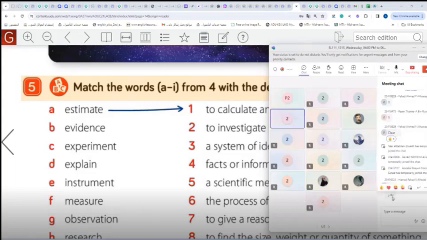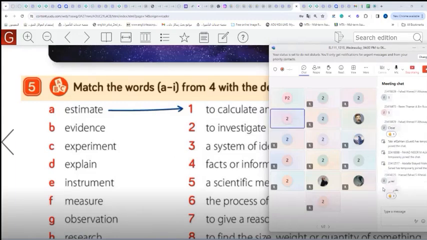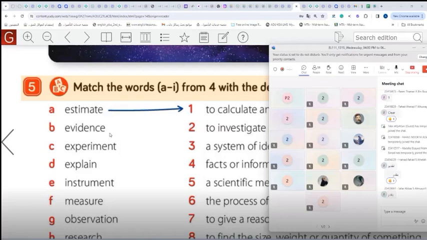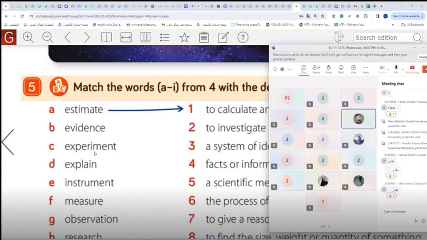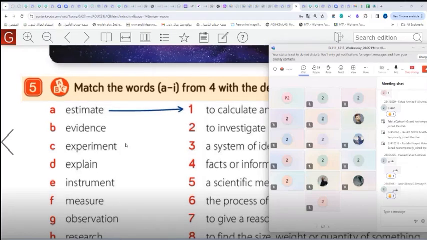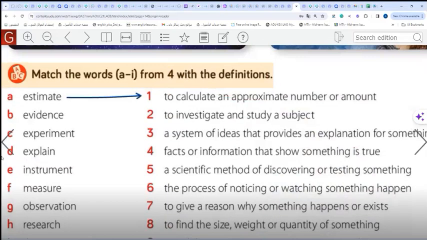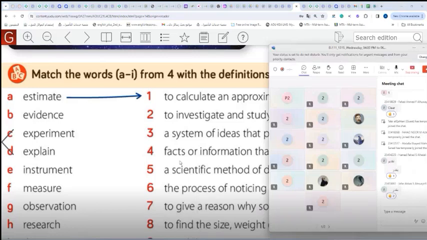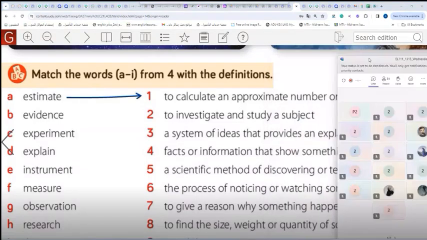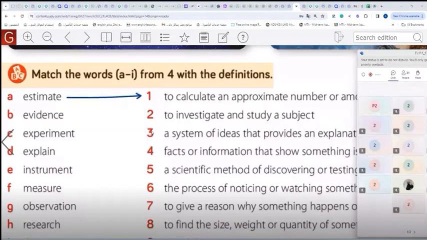Yes, يقدر. Yes, okay, you can say. So, dear students, again, what about evidence? شهادة. Okay, what else? الأدلة. Okay. So, which one are you going to choose here?